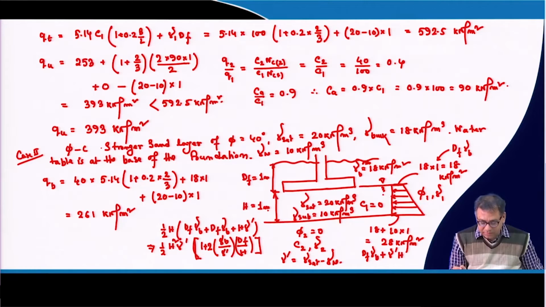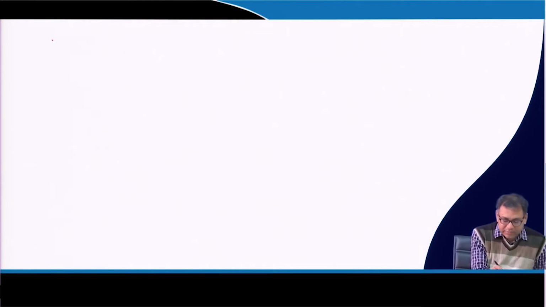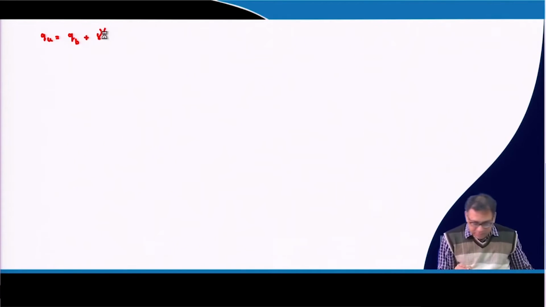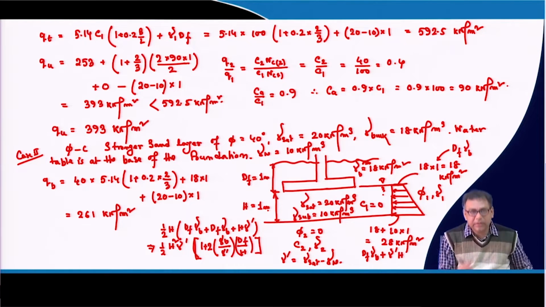So now the modified equation will be q ultimate equals q bulk base plus gamma dash, because this is half, and the force is acting in both directions, so this is twice into half. So this part will cancel.